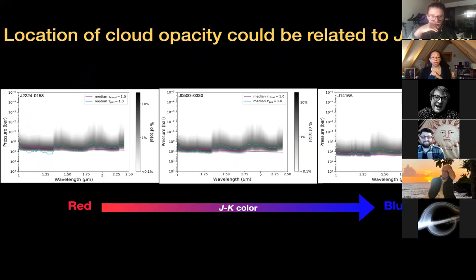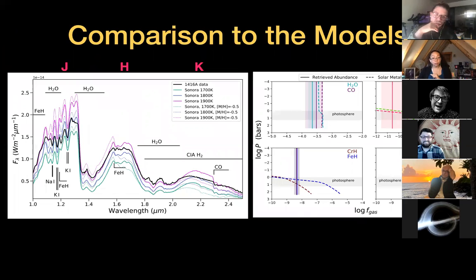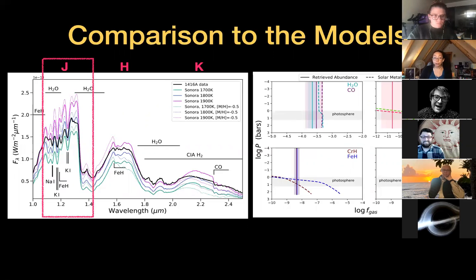To look at the comparison of our retrieved spectrum and the Sonora grid models to the data, here we're showing the data in black, and the solar metallicity Sonora models are solid lines and the low metallicity are dotted lines. You see that the grid models are really doing a poor job at fitting the spectrum overall, particularly here in the J band where none of the models are doing a great job.